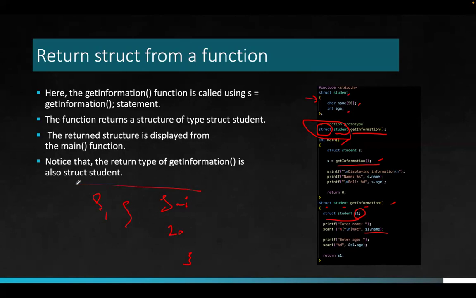Now this structure s1 is returned after executing this function. s1 gets returned and assigned to s here. Now s.name, which is Sai, gets printed over here, and s.age, which is 20, gets printed over here.